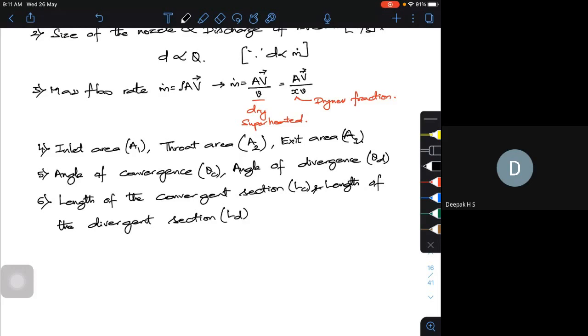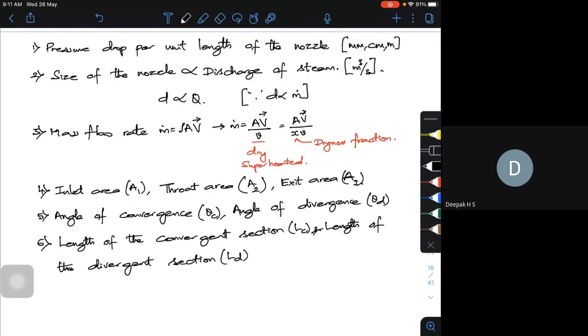Other than this, as I told, all this comes from the size of the nozzle. The discharge is proportional to the size of the nozzle; as I told, discharge is proportional to your diameter. Instead of going for a single nozzle of a bigger diameter, can I go for two nozzles of a smaller diameter? It's possible.